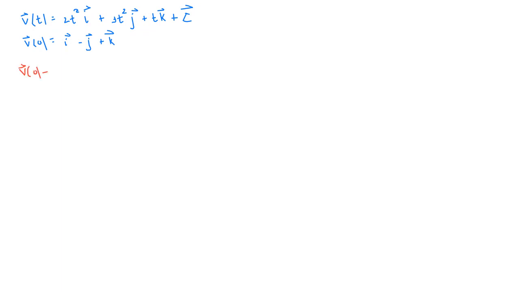So that means that the velocity vector at time equals 0 equals 2 times 0 squared i plus 3 times 0 squared j plus 0 k plus c.